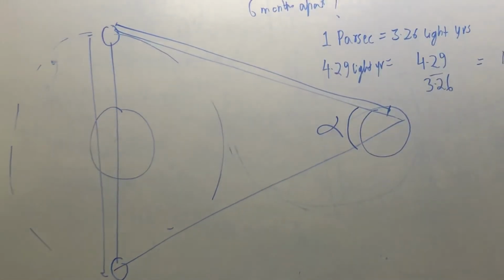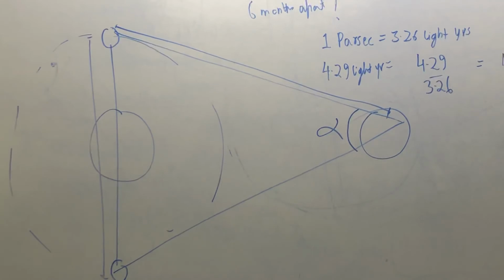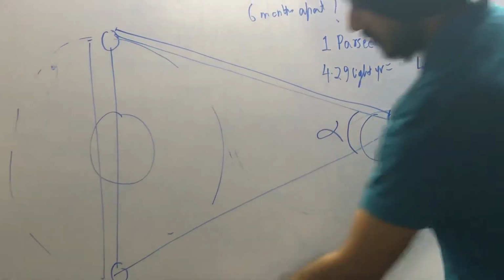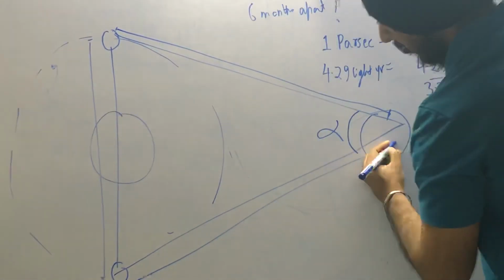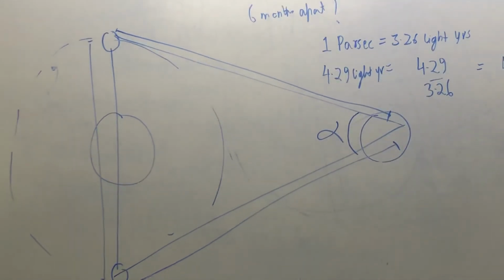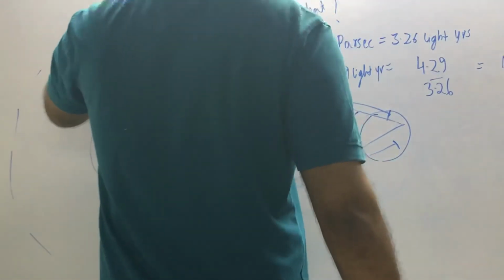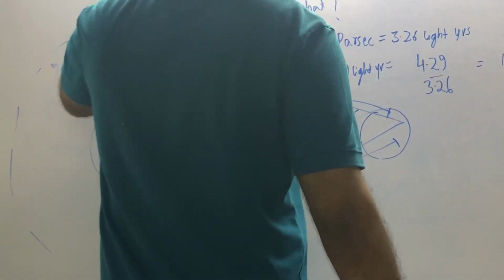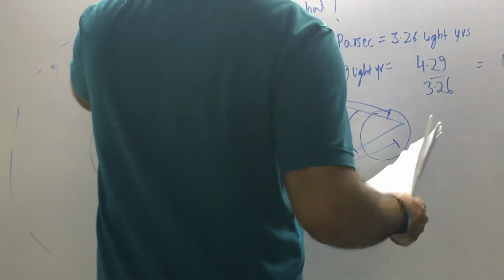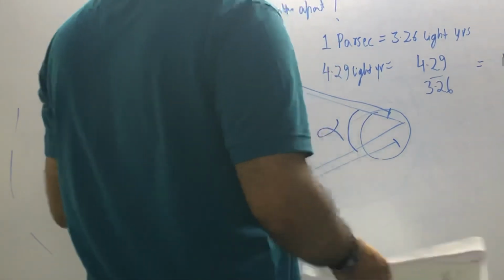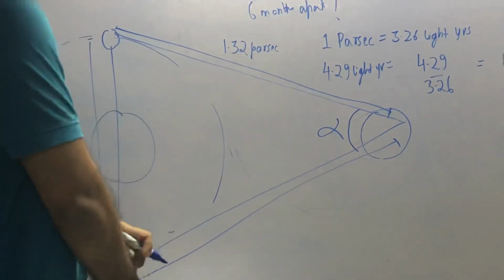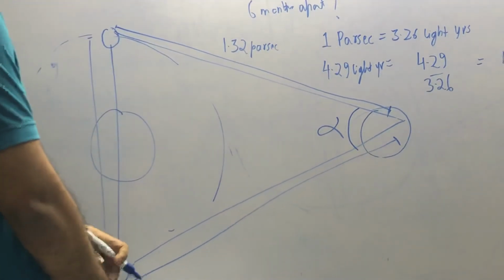This and this distance are both the same, right? How much is the distance? This is 1.32 parsec.